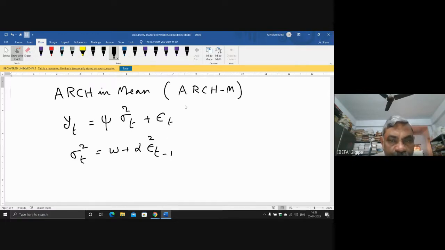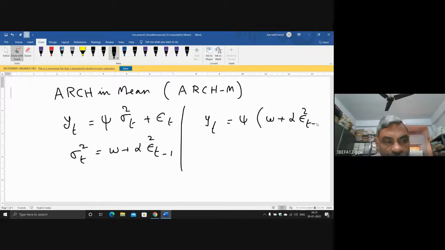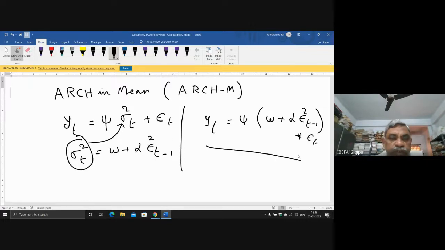Of course, this is a very simple version. There are also versions like Yt equals some phi of omega plus alpha epsilon t minus 1 square plus epsilon t. All that is done here is that this sigma square is put in the conditional variance equation.